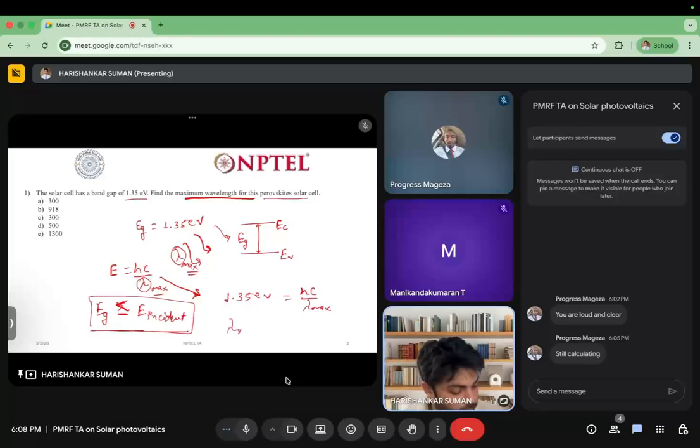You have to find lambda max, which is hc by 1.35 eV, and you know this value, 12.4 electron volt, divided by 1.35. All units will cancel out, and you will get the answer in angstrom or nanometer.